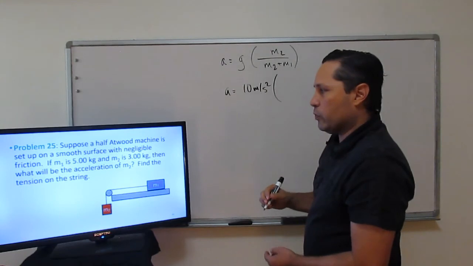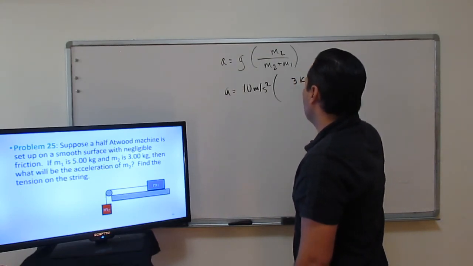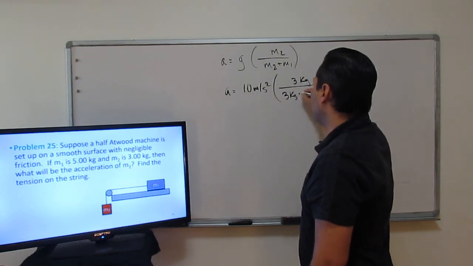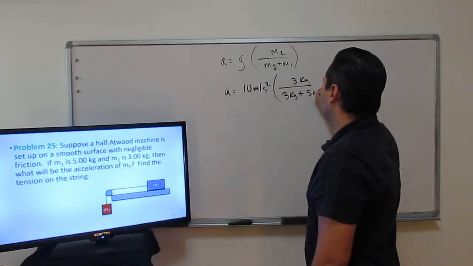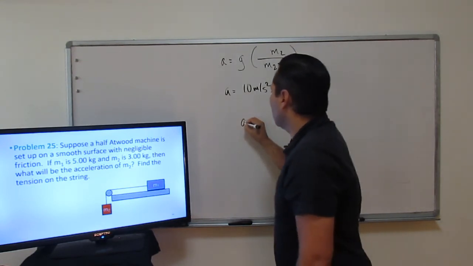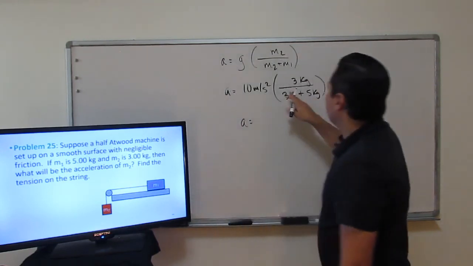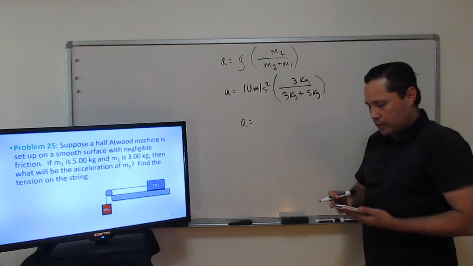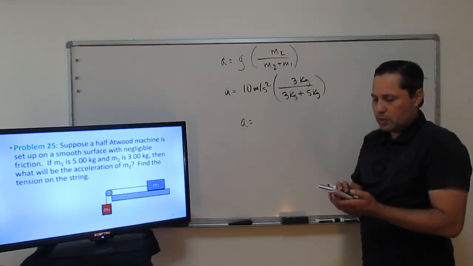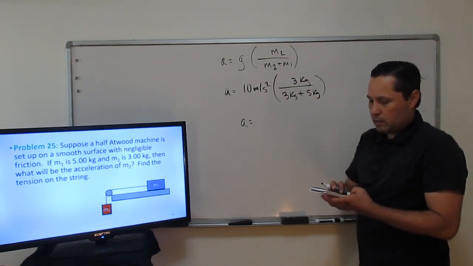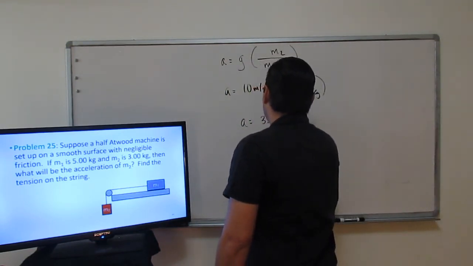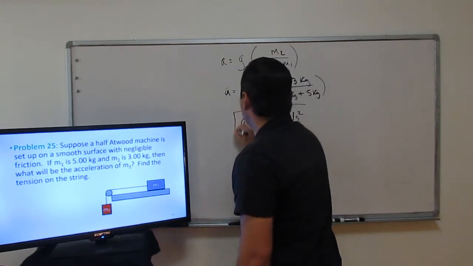The mass of 2 is 3 kilograms, and the mass of 1 is 5 kilograms. So, 3 on the numerator, 8 on the denominator, so 3 divided by 8. Then you multiply it times 10, and you end up with 3.75 meters per second squared as your acceleration.